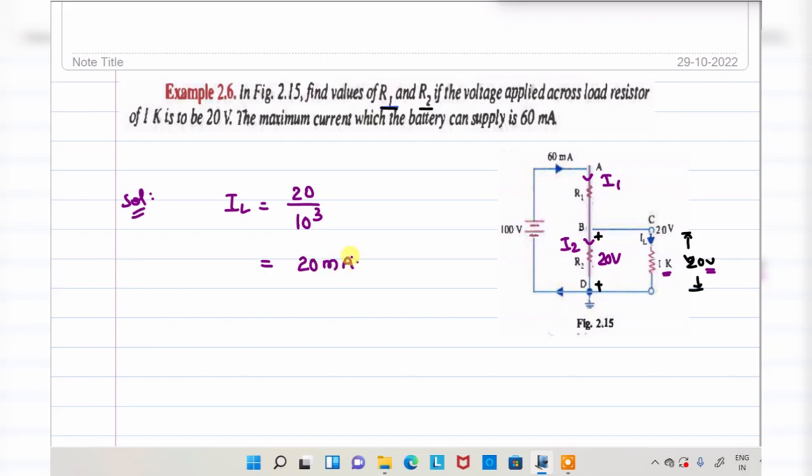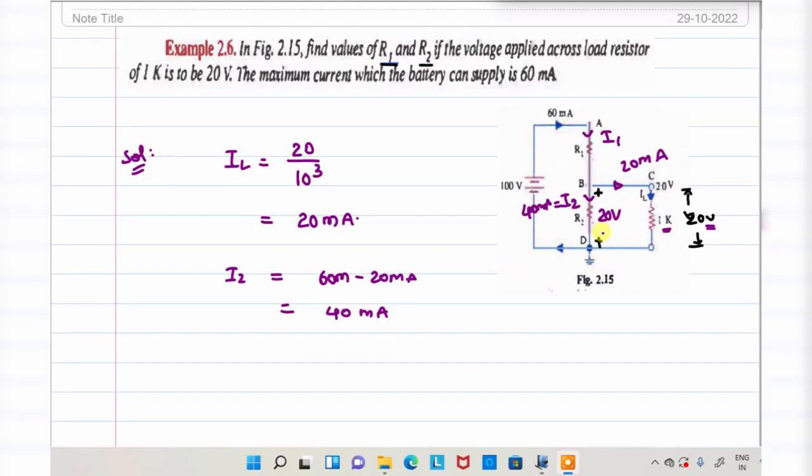You got it. Once this is 20 milliamperes, and the total is 60 milliamperes, what about this current now? 40 milliamperes. That means I2 is equal to 60 milliamperes minus 20 milliamperes, which is 40 milliamperes.